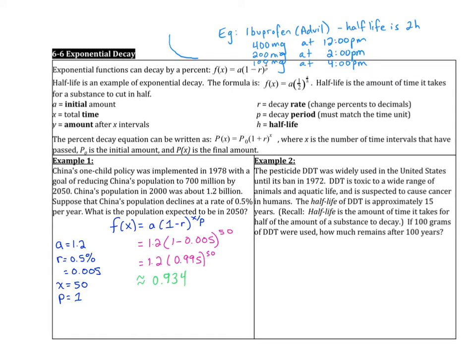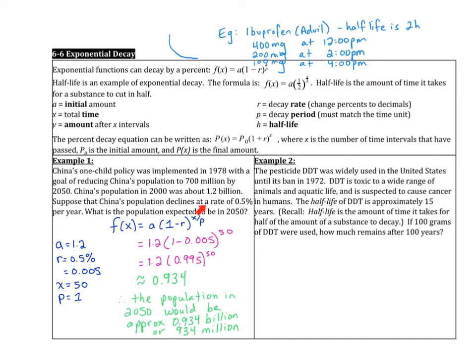Now that's in billions, so that means, therefore, the population in the year 2050 would be approximately, you could say, 0.934 billion, or you can write that as 934 million.